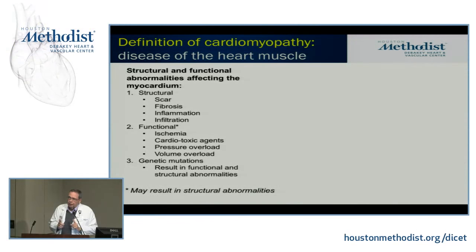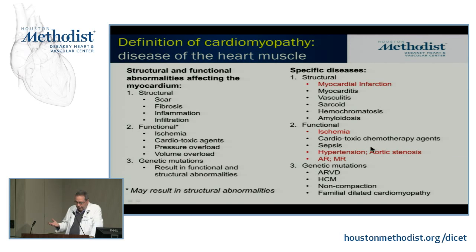And don't forget, cardiomyopathies may also be a response to chronic pressure or chronic volume overload. In fact, in the literature, you will find the term valvular cardiomyopathies and so on. And then, of course, a whole gamut of genetic mutations that can produce functional and frequently structural abnormalities. Likewise, with the functional varieties, quite often we end up observing also structural abnormality.